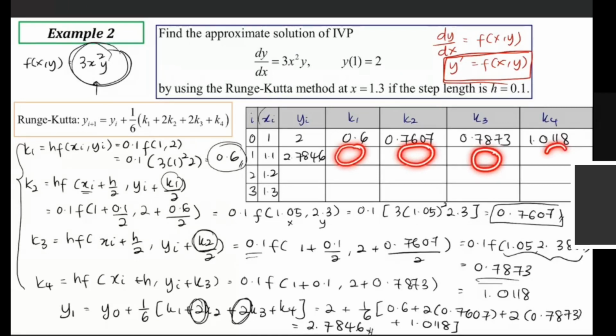You have to calculate K1, K2, K3 and K4 again because we want to determine Y2. After you get Y2 here, then you determine K1, K2, K3 and K4 here.